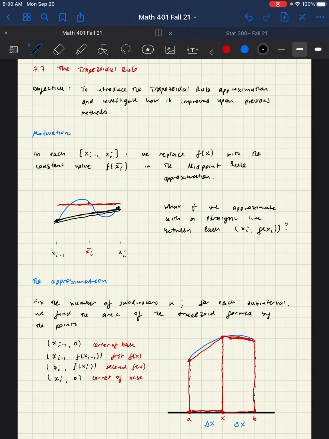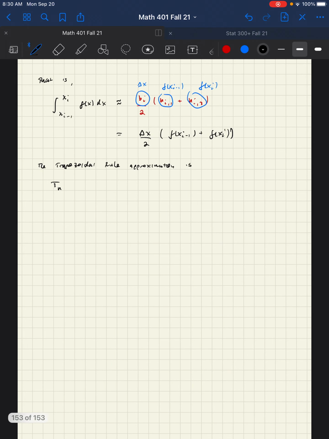So notice what happens when you add these up, right? Every point that is not a or b gets counted twice. This line, including the 2 points, is shared by the first subinterval and the second subinterval. And that's where you'll see an interesting factor of 2 appear here.